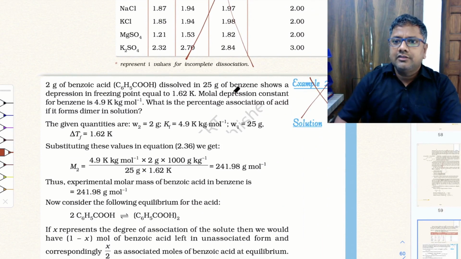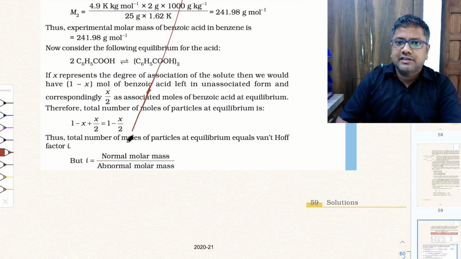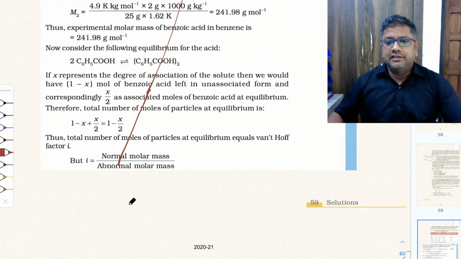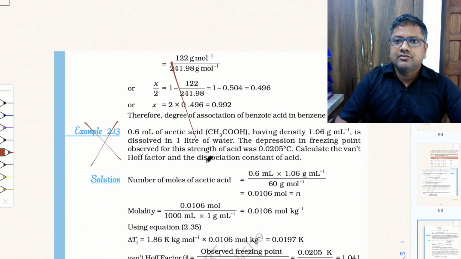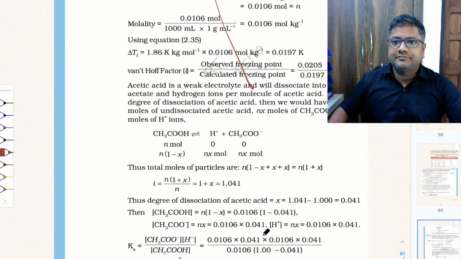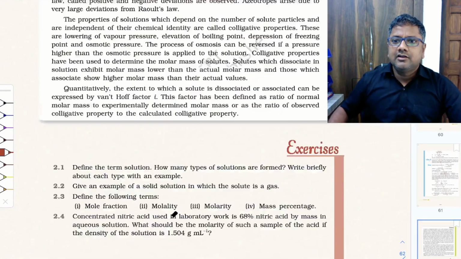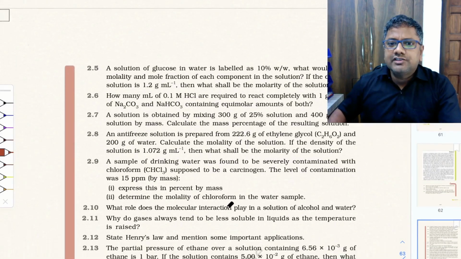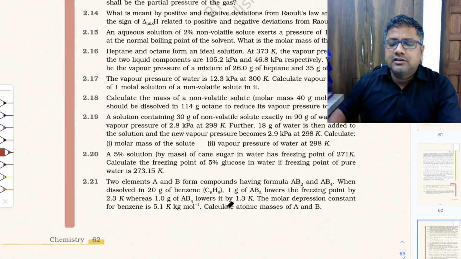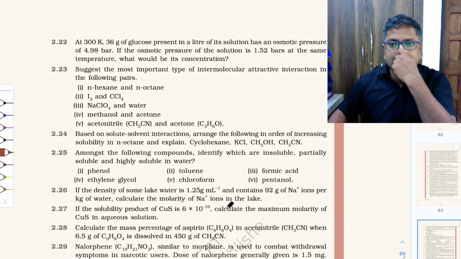And accordingly, you can leave these examples as well, because these examples are based on this abnormal behavior, right? This also you can leave. Now you can see in the exercise, you can leave these questions which are related to the abnormal behavior, right?